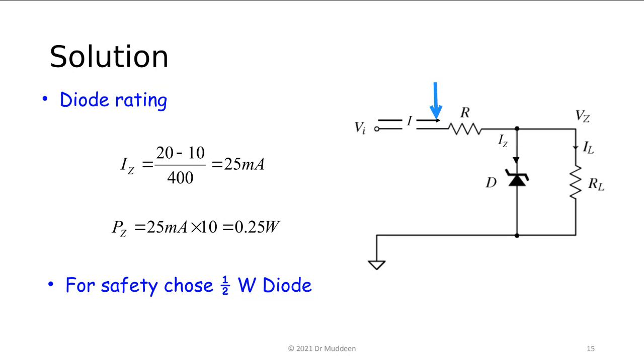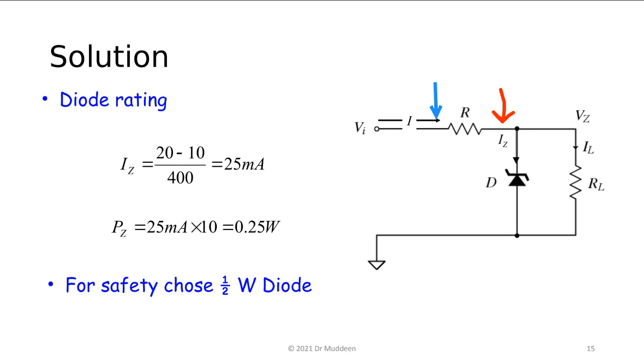Okay. So the blue arrow, we have 20 volts. The red arrow, we have 10.